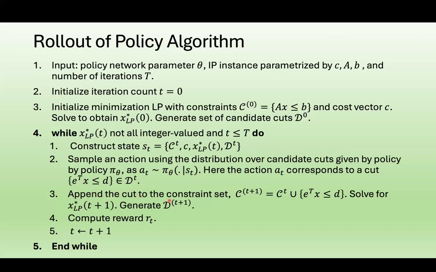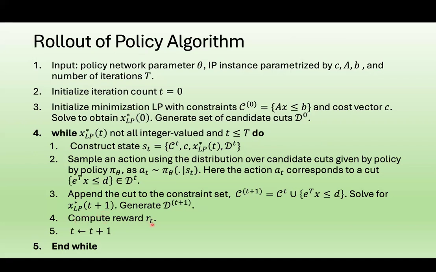Now we append the cut to the constraint set C_t+1 and shrink the feasible region. So C_t+1 becomes C_t union the action taken, e transpose x less than or equal to d, and we solve the LP at the t+1-th iteration, and then we generate the Gomory cuts at the t+1-th iteration.